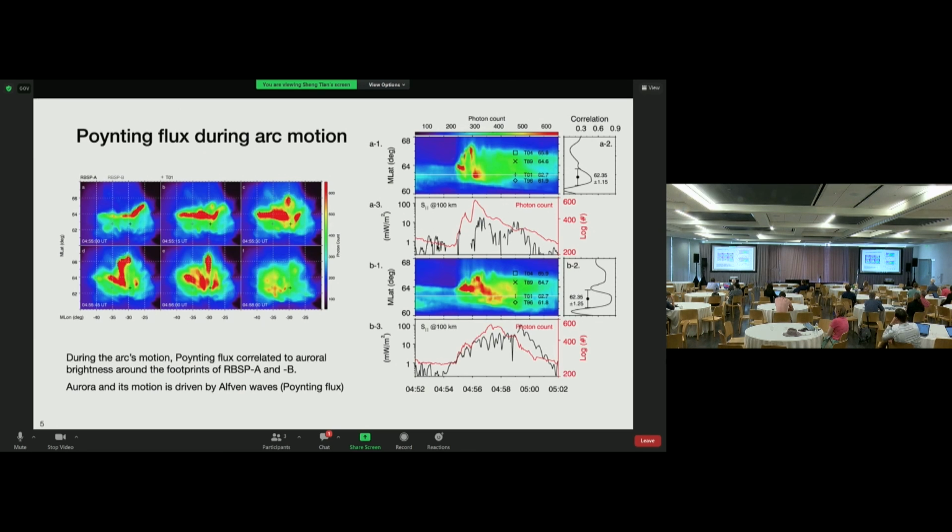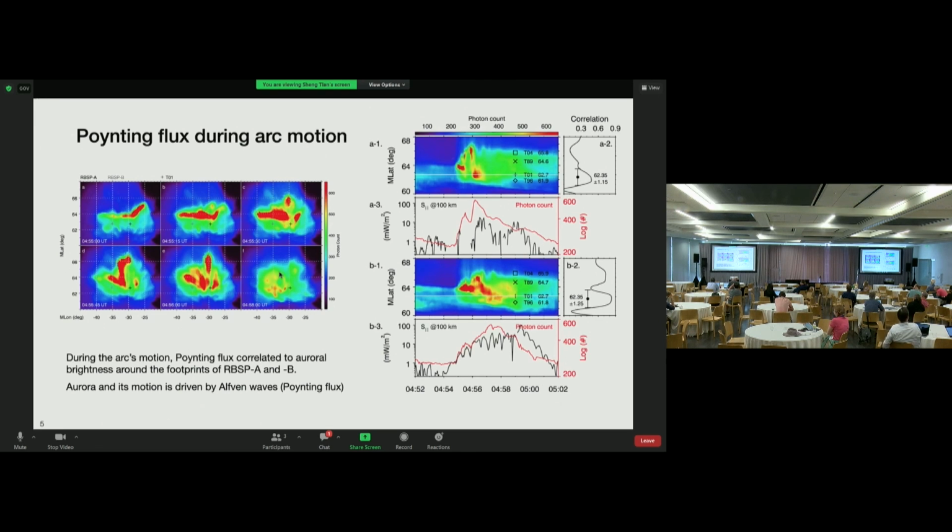That's a very interesting observation, because it suggests that the aurora we see is a kind of map or screen for how Alfvén waves propagate in the tail plasma sheet, because otherwise you wouldn't see this nice correlation at points along the aurora's evolution.